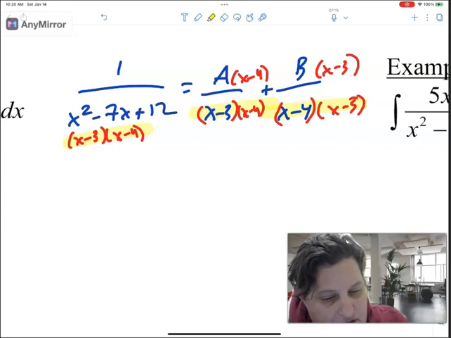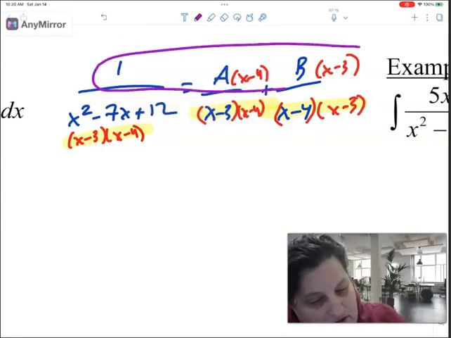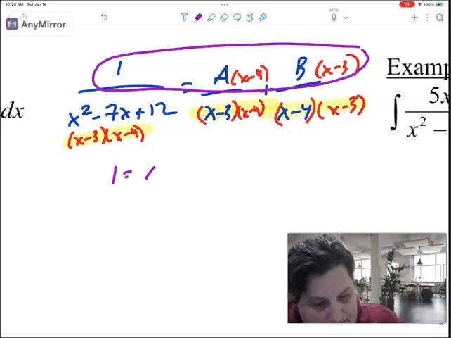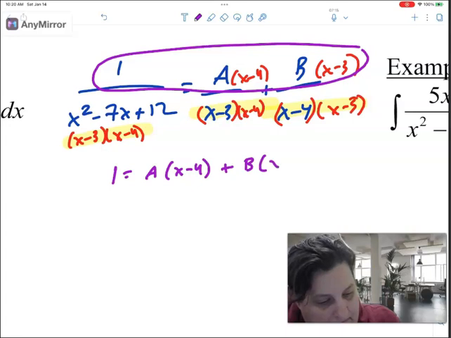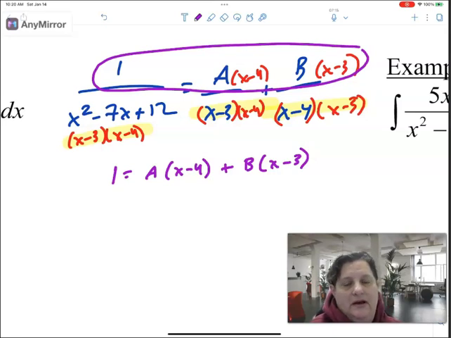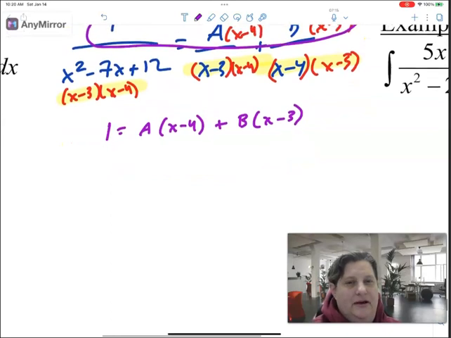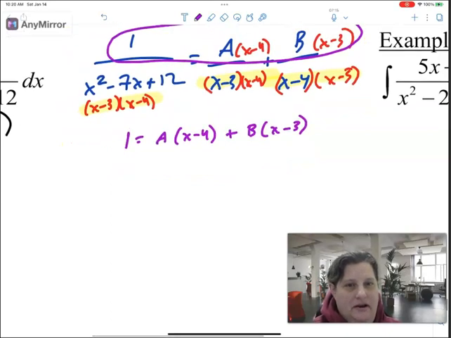And so what we can do is make this equation right here. All right. And at that point, we can use a system of equations or something to solve this. But there's a longer way of solving it, and there's a faster way of solving it.